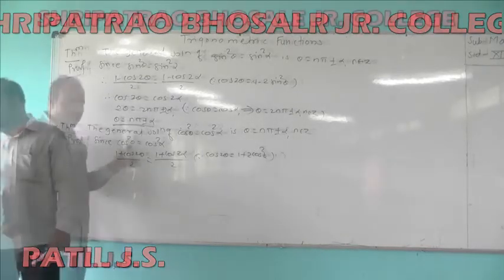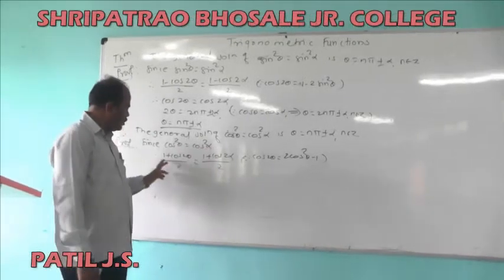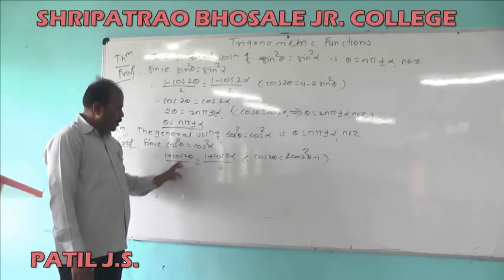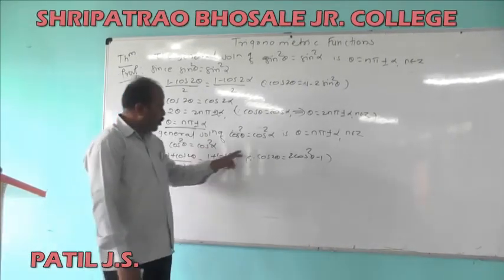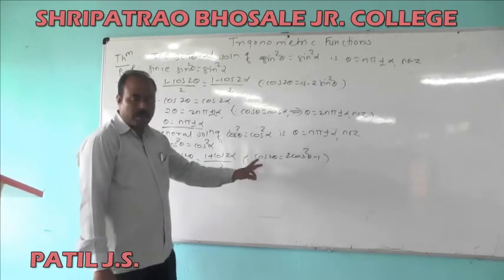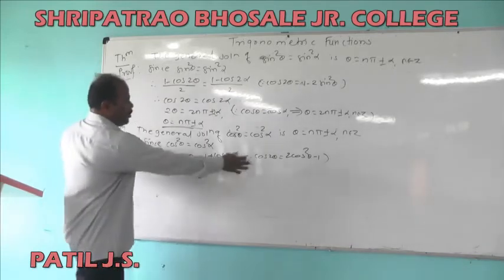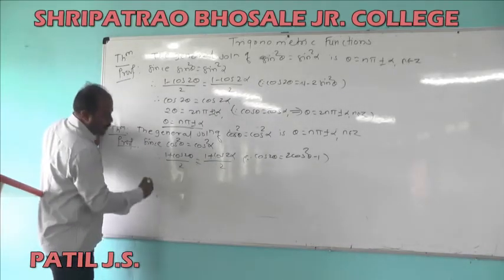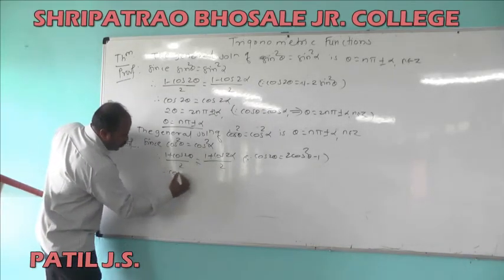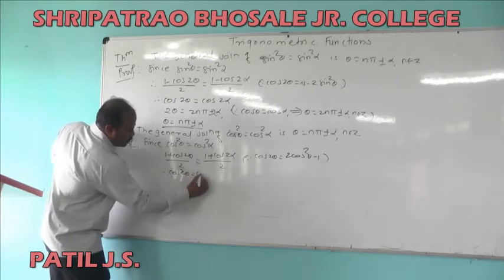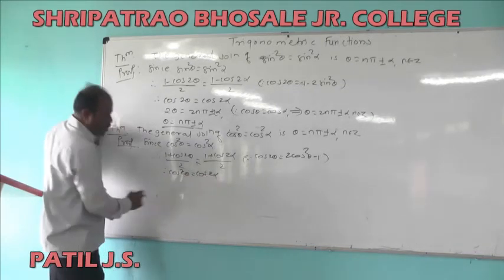Since cos square theta is equal to cos square alpha, 1 plus cos 2 theta upon 2 is equal to 1 plus cos 2 alpha upon 2, using cos 2 theta is equal to 2 cos square theta minus 1. Using this, the 1 by 2 gets cancelled. Therefore cos 2 theta is equal to cos 2 alpha.